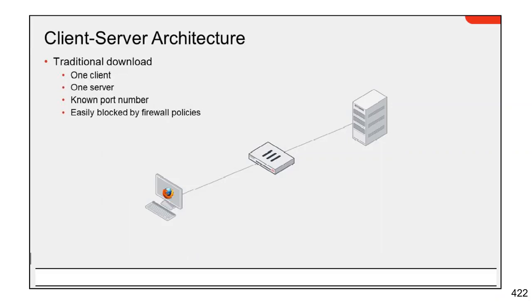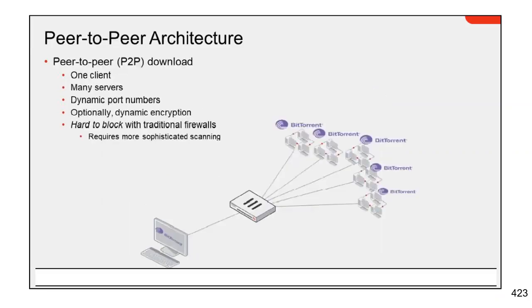But it's more difficult to block traffic from peer-to-peer downloads. Why is that? Let me show you. Why is client and server simple and why is peer-to-peer difficult? Peer-to-peer or P2P downloads divide each file among multiple, theoretically unlimited, peers.